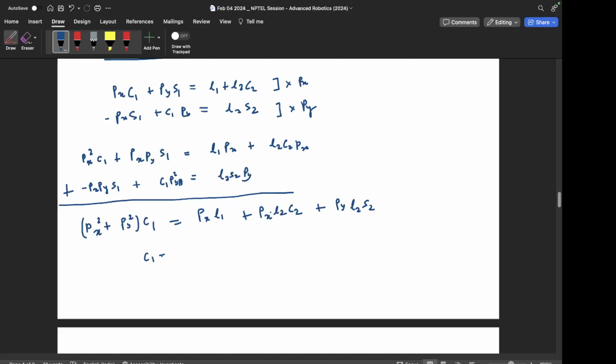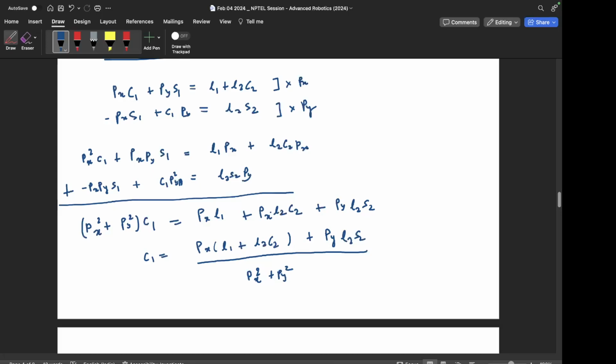So C1 is Px L1 plus L2 C2 plus Py L2 S2 divided by Px square plus Py square, right?